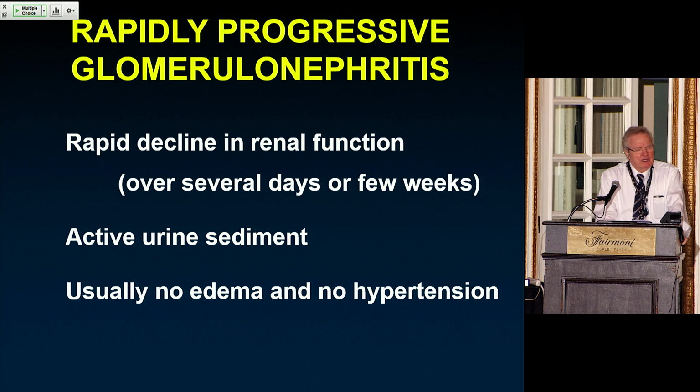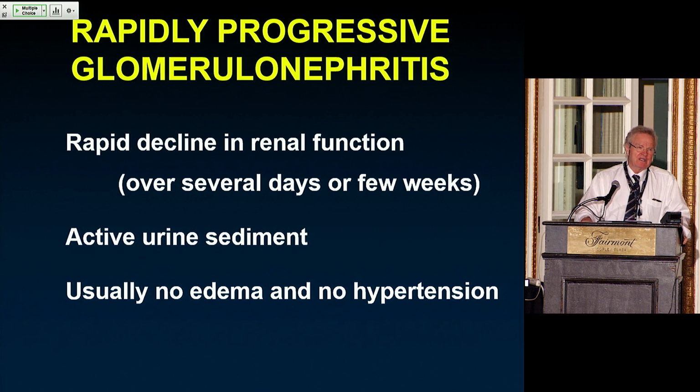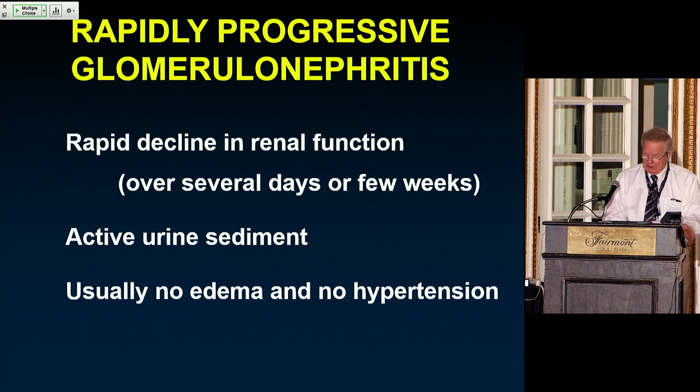And usually there is no edema and no hypertension because the installation of the inflammation is over many days or a few weeks. And therefore, the patient has managed to upregulate the sodium wasting channels in the nephrons that are working, and therefore the patient is not volume overloaded in general, as opposed to the acute nephritic syndrome, where you have volume overload.